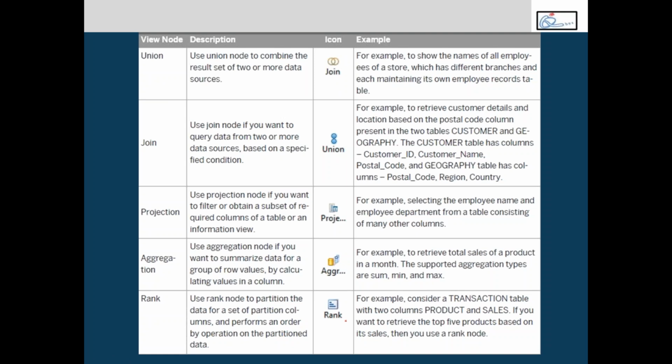Now first one, union. What is the purpose of this union operation? Basically, let's say you have two result sets or two data sources or two objects, and I would like to unify both of the result sets. Say result set 1 plus result set 2. Say I have a table which is giving me sales of 2010.